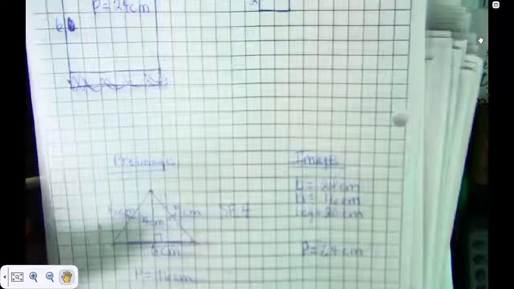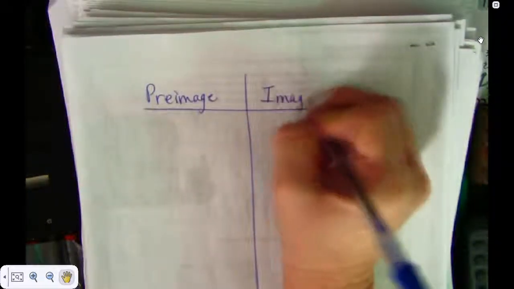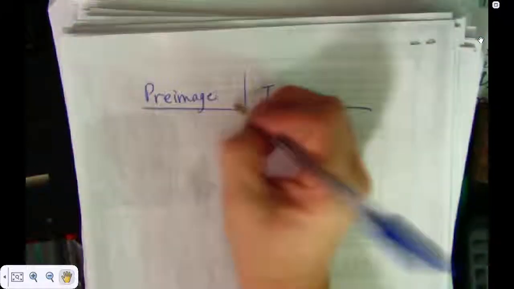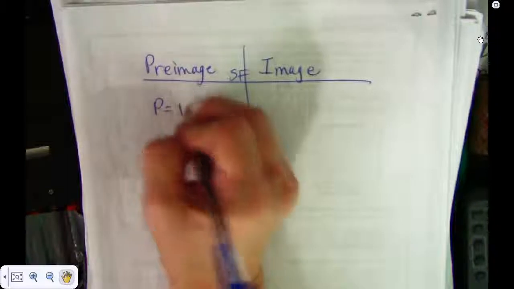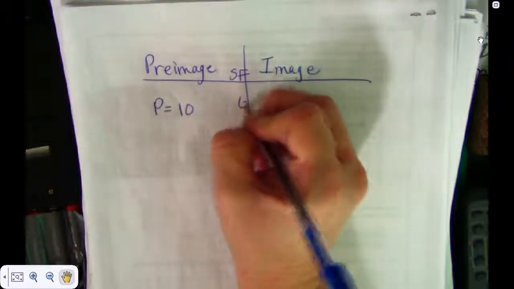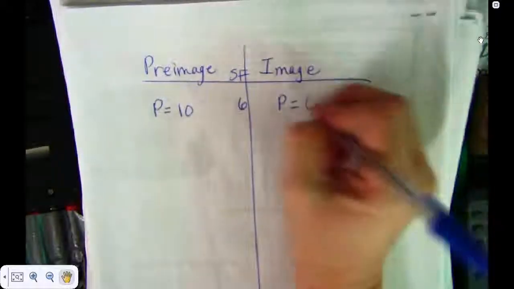Okay. So, I just need your brain in gear. If your pre-image perimeter's 10 and your scale factor is 6, what's my new perimeter going to be? 60.